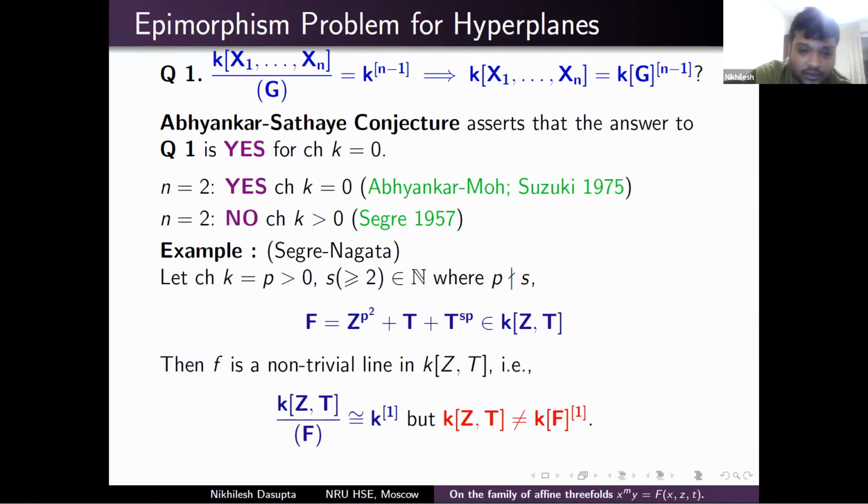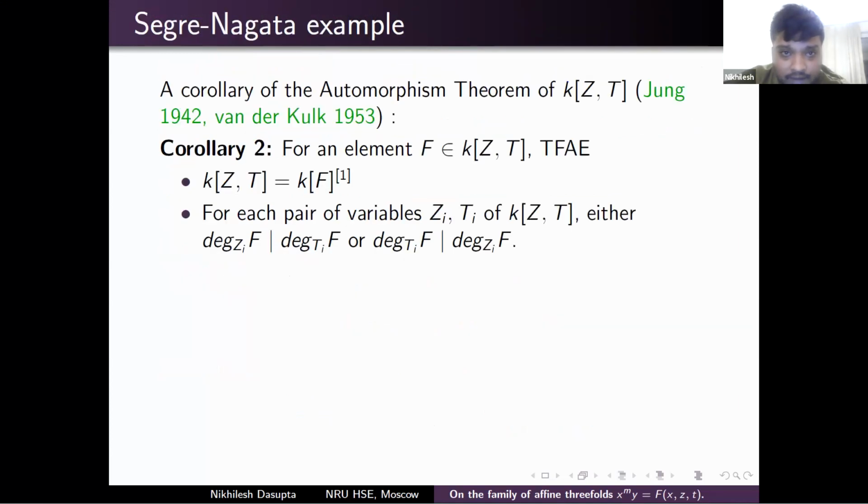I will try to give a short proof of this result, but for that I will need a corollary from the structure of the automorphism group of K[z,t], which was given by Jung in 1942 and van der Kulk in 1953. This is a corollary which follows from degree arguments: f is a variable if and only if, for any set of variables z_i, t_i of K[z,t], either the z_i degree of f divides the t_i degree of f, or the t_i degree of f divides the z_i degree of f.